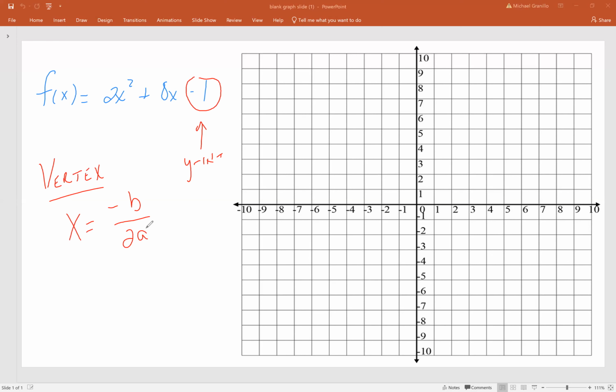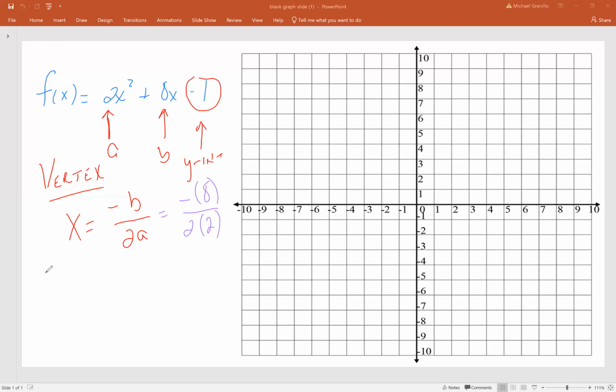Just like we did with the quadratic formula, right? So this is a, and this is b, and the -1 is c, but we don't need that right now. So all we need to do is throw our 8 in for b and our 2 in for a and work that out, okay?